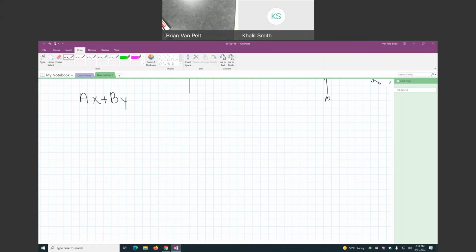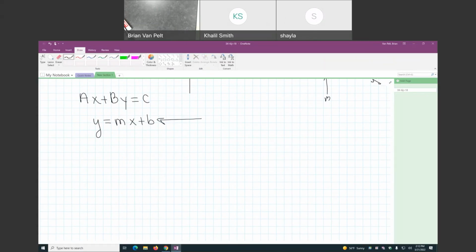Sometimes you'll be given it in this form. Sometimes you'll be given it in this form. This, of course, the one we're working on today, is called the slope-intercept form. Usually it's the easiest version to work with. You can tell the slope just by looking at it.